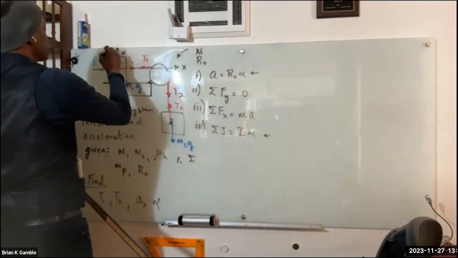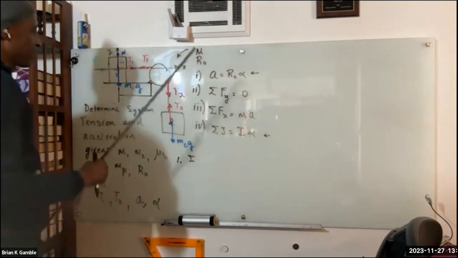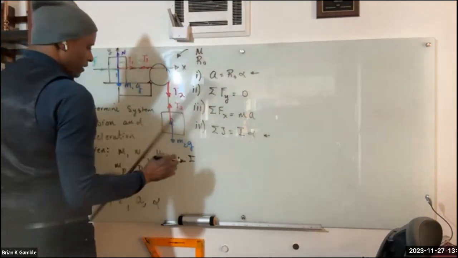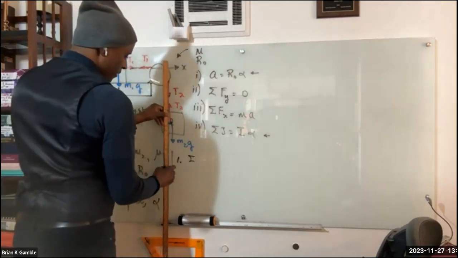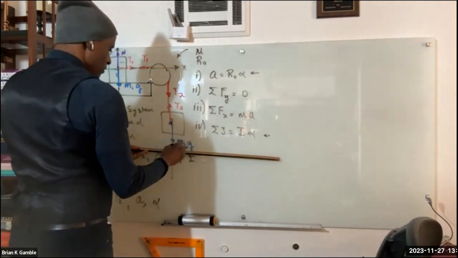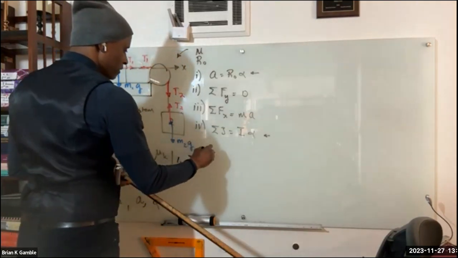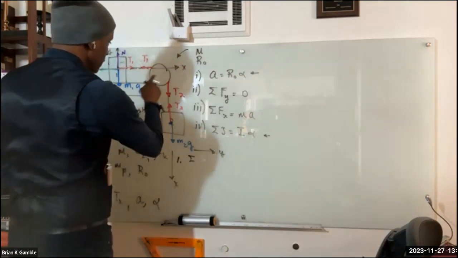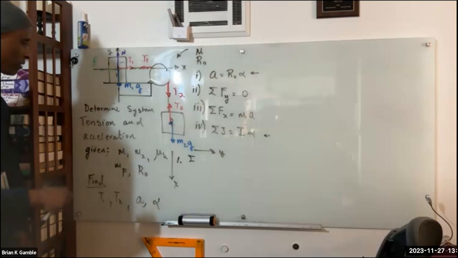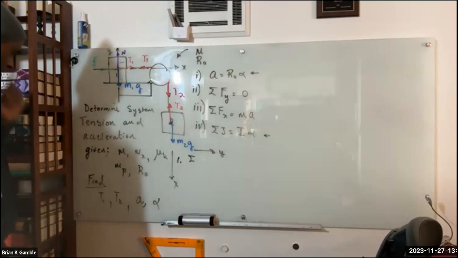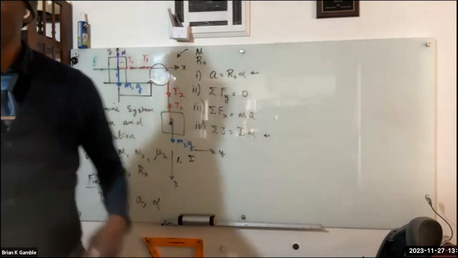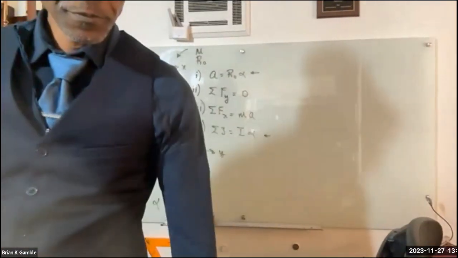X. That's Y. And remember what we do is we project it over the pulley so that down here, X is down and Y is to the right, so that the acceleration for each block is still along the same coordinate direction. In this case, that would be the X direction. All right.